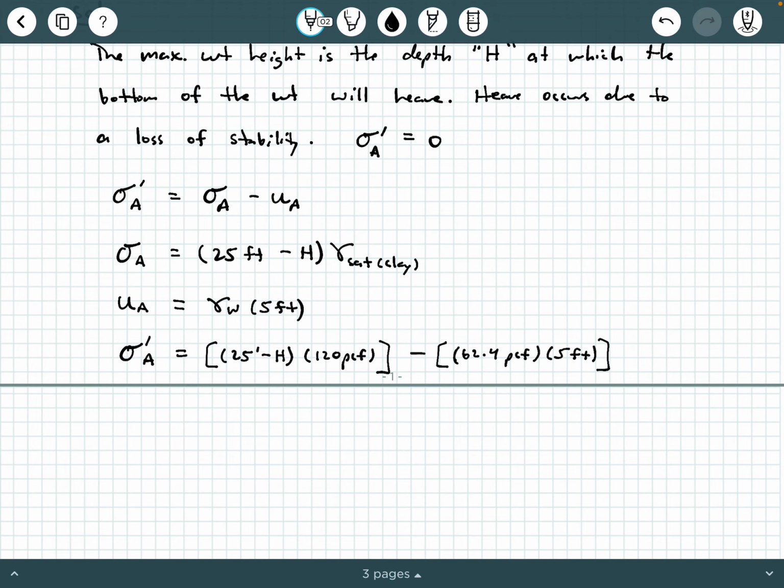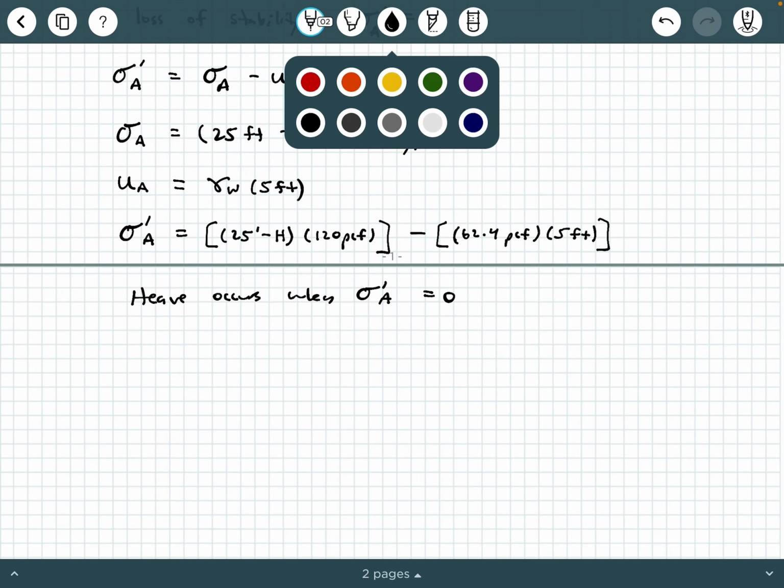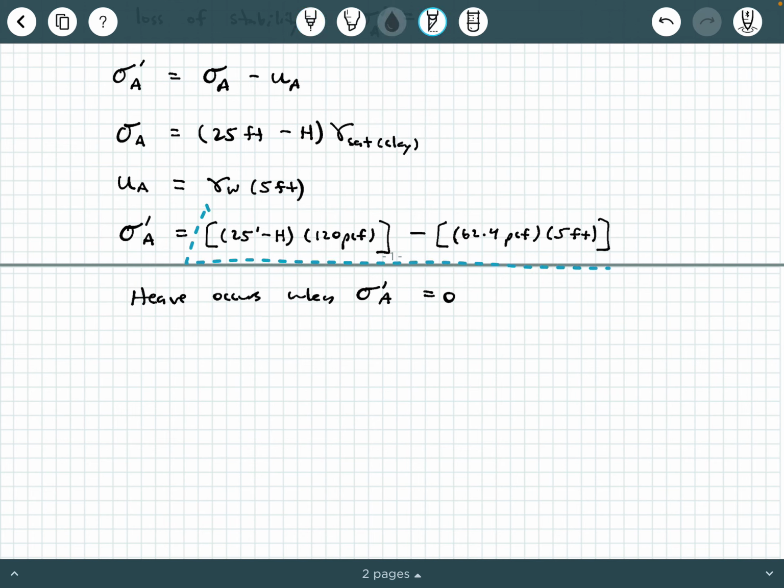Well, remember, for heave, we said earlier, heave occurs when sigma prime A equals 0. So what we need to do is set this expression equal to 0. All right, so I'm going to repackage this a little bit, and I'm going to say 25 feet minus H times 120 PCF minus 5 feet times 62.4 PCF equals 0.